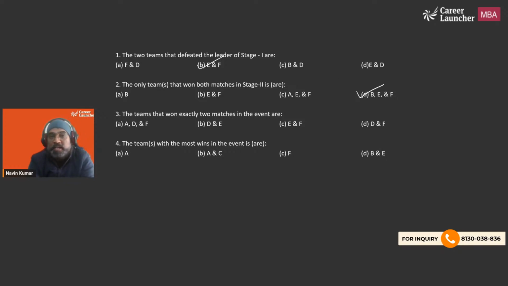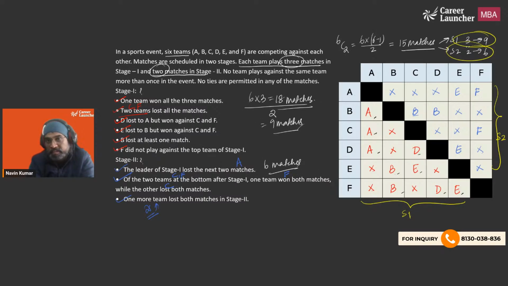The teams that won exactly 2 matches in the event. They're asking us indirectly which letter we see written only 2 times. So A is not written 2 times, B is written 4 times if we include the entire tournament, right? C is written not even a single time, D is written 2 times, E is written 4 times, and F is written 2 times.